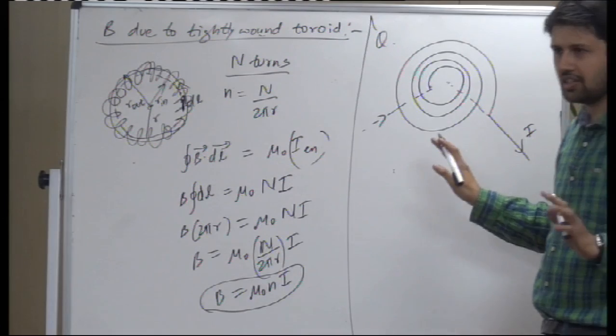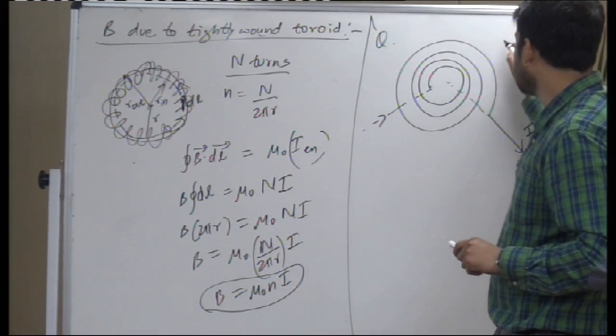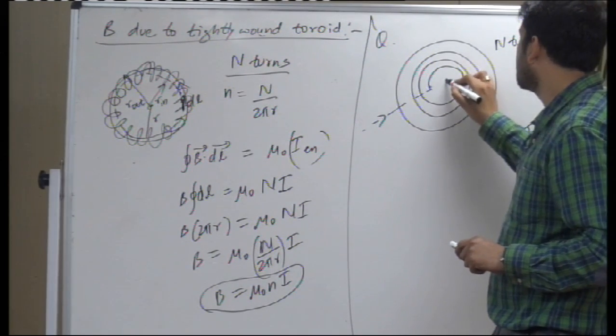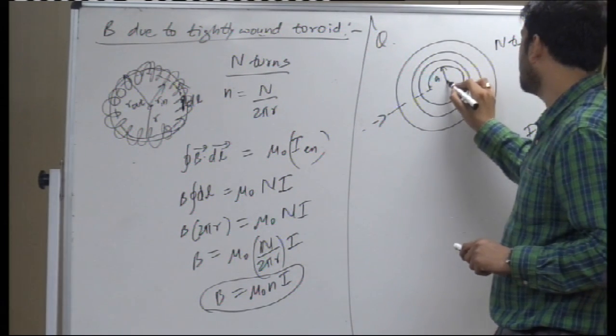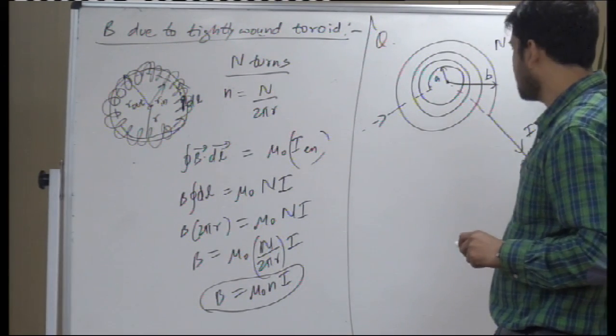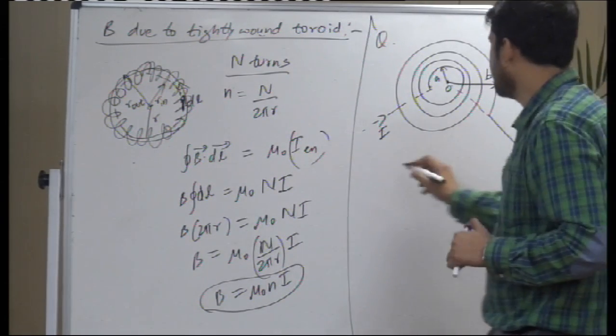Is it okay? The straight portions have no magnetic field. Now the spiral has n turns and the inner radius is A, the outermost radius is B. The spiral has n turns, it carries a current I. What would be the magnetic field at center?